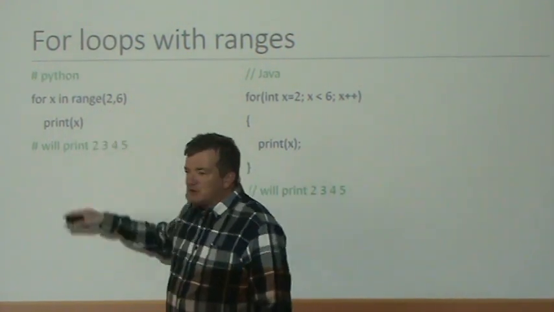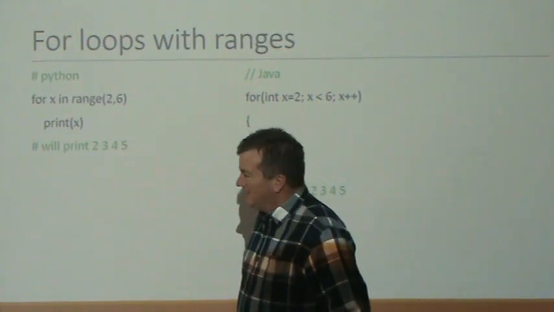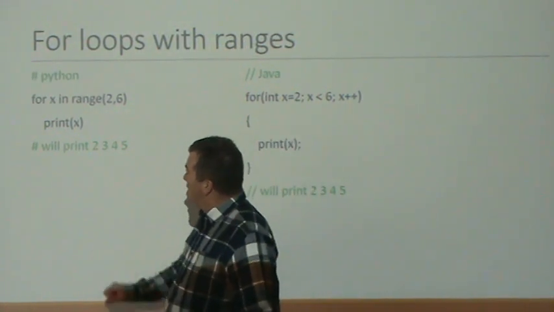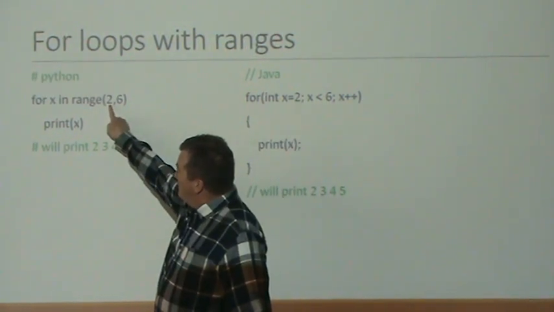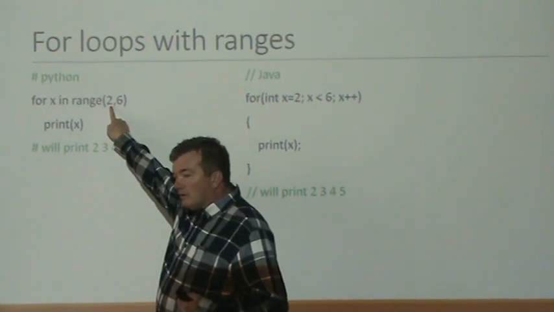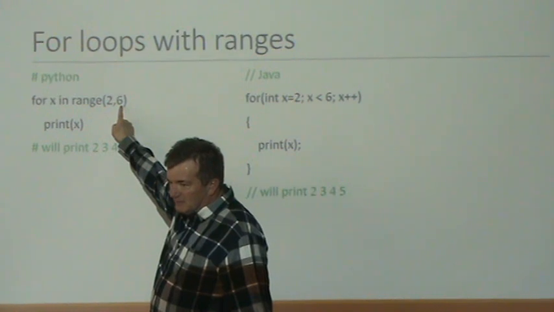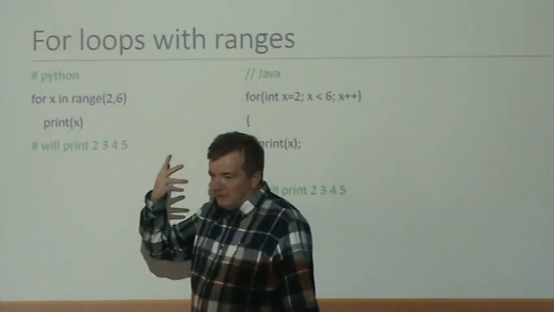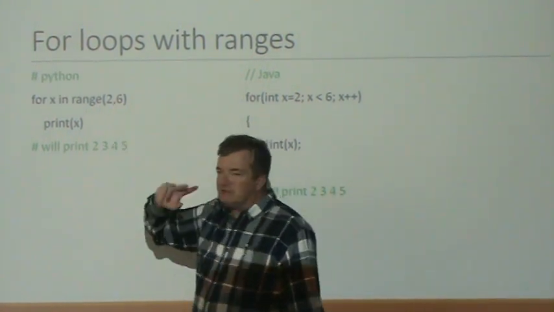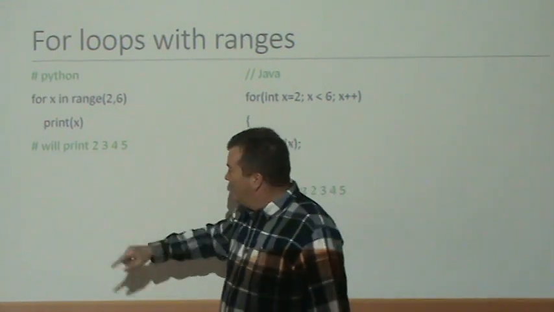And it will print x, provided that x is 2 or more and less than 6. So you might think, intuitively, that this would print 2 to 6, but it doesn't. It prints 2 to 5.